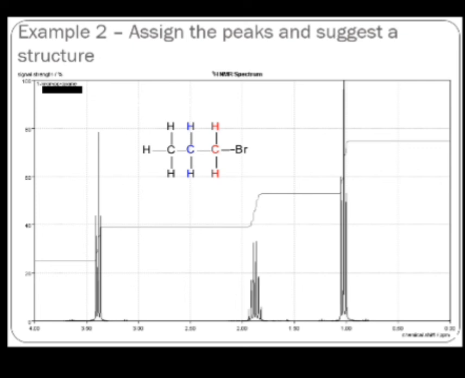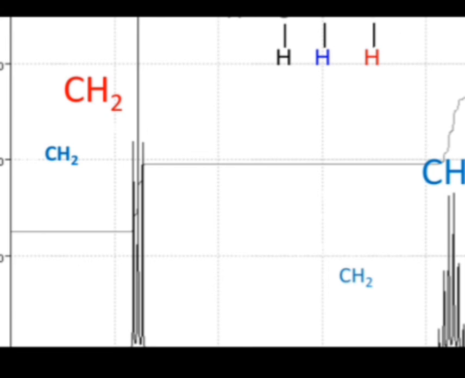This is 1-bromopropane, 1, 2, 3. Then the n+1 rule is applied to the two methylene groups and the one methyl group. The red CH2, 1 plus 2, yes, a triplet is shown here.